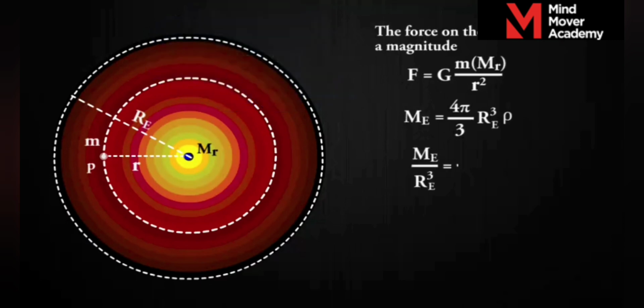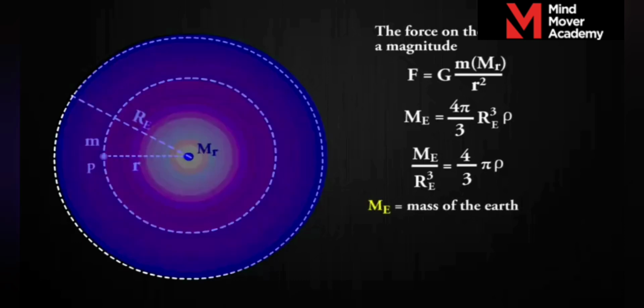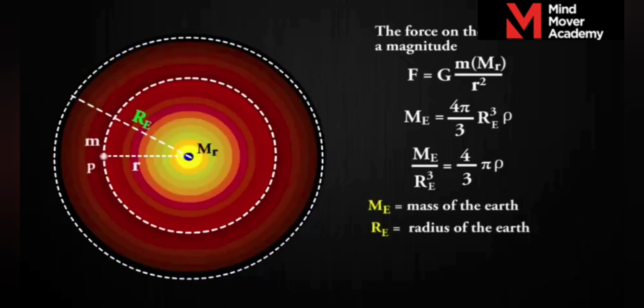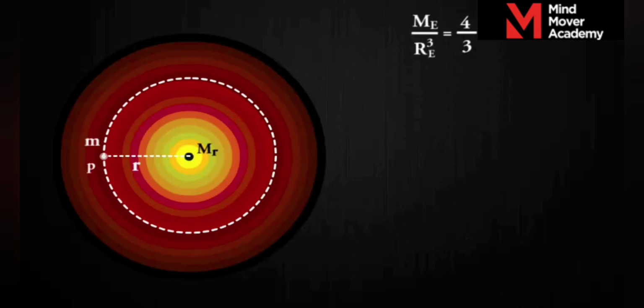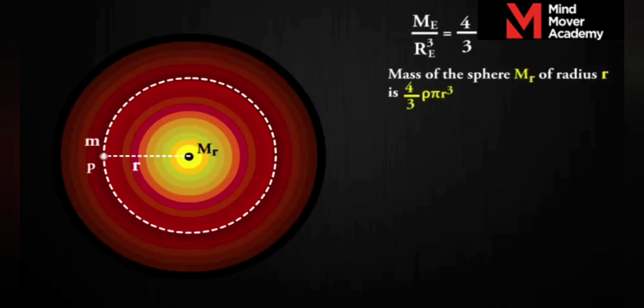Me upon Re raised to the power 3 is equal to 4 by 3 pi rho, where Me is the mass of the Earth and Re is its radius and rho is the density. On the other hand, the mass of the sphere Mr of radius r is equal to 4 by 3 rho pi r raised to the power 3.